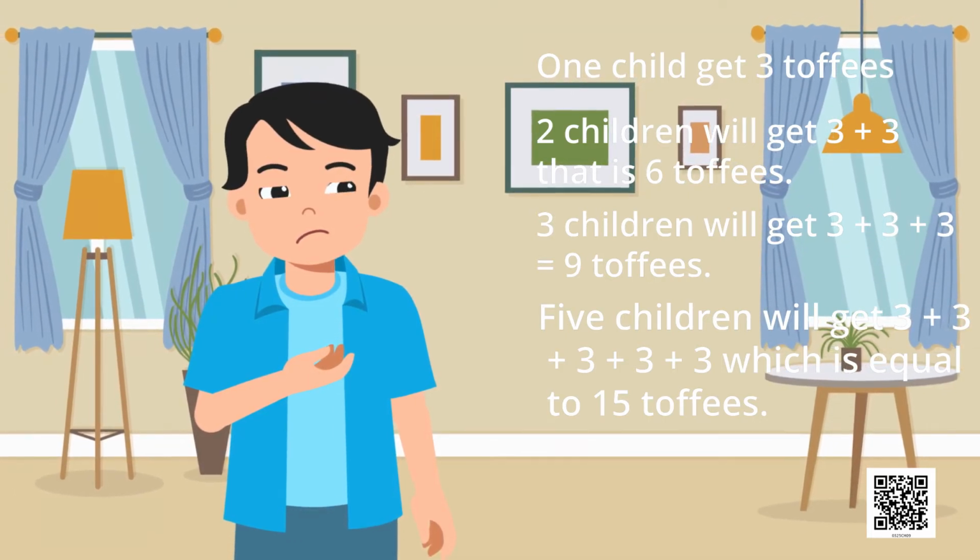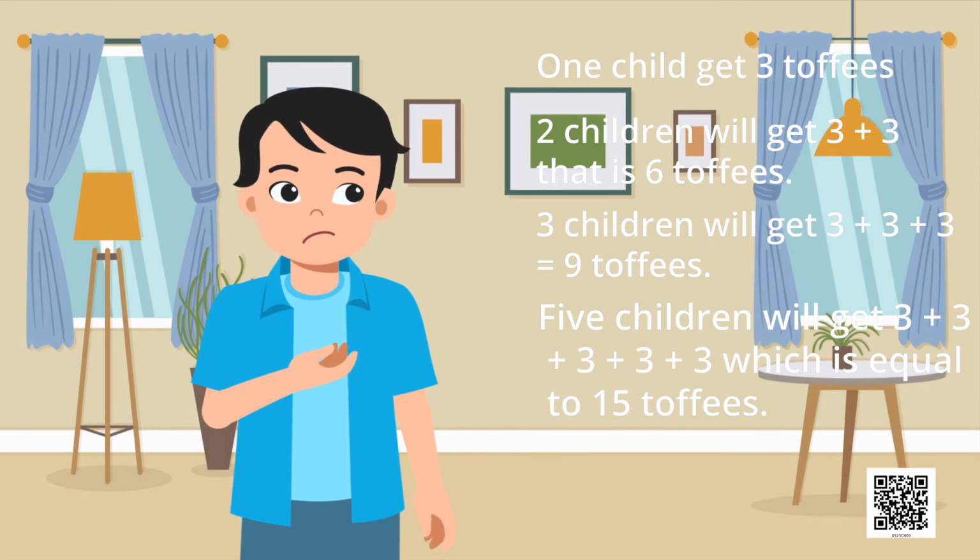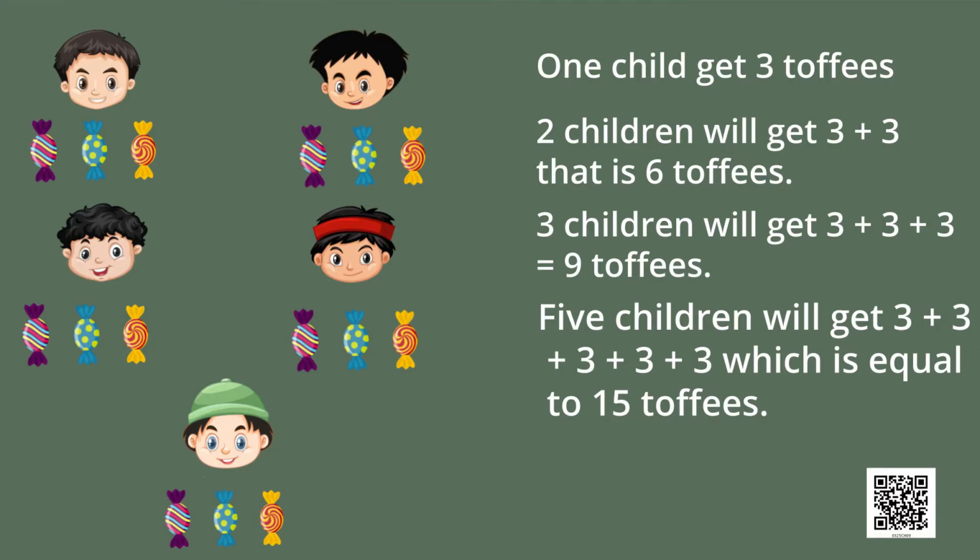So it means, children, that if we add the same number again and again, instead of adding them together, we can multiply also. As we just have seen, if we add 3 5 times, we get 15. And if we multiply 3 by 5, we get the same number 15.